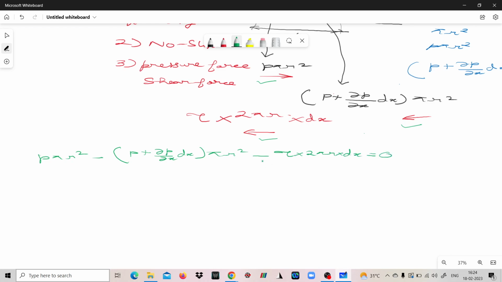Okay, so now if you just do the calculations, what will you get? This P pi r square and P pi r square will get cancelled because there is a negative sign.